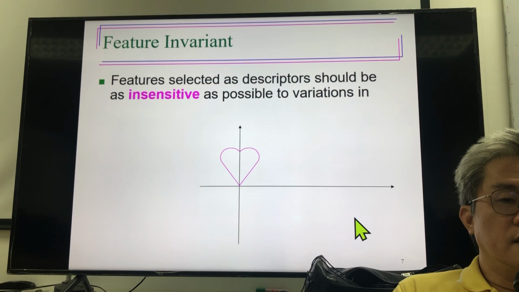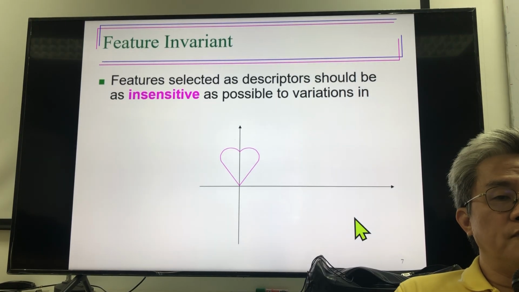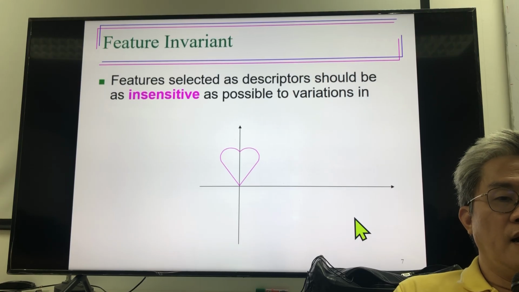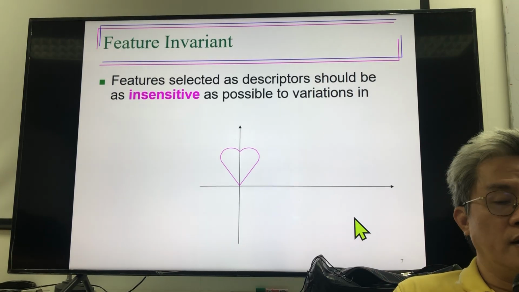Before we start, there are some features that we can select as the descriptor that should be insensitive to certain variations. Sometimes we want that.